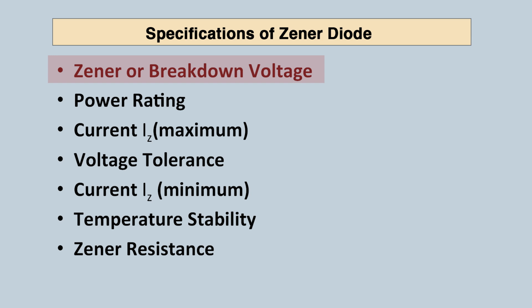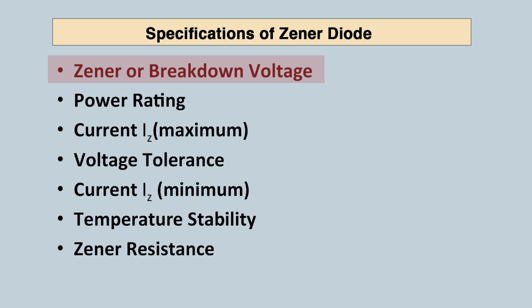Sometimes it can go up to 1 kilovolt, while its maximum value for the surface mount device is only 47 volts. So here we can see that the variation is from 2.4 volts to 1 kilovolt.